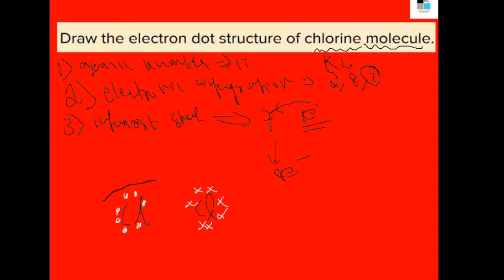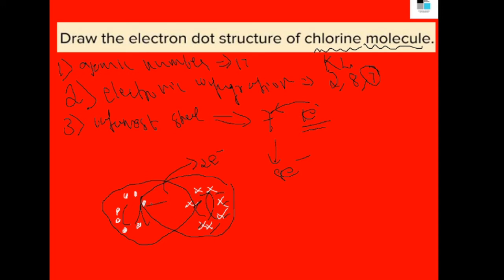Now, this chlorine would take 1 electron from the other chlorine, only 1 electron because it requires only 1 electron. Similarly, the other chlorine also would take 1 electron. So you can see that the first chlorine gets 1, 2, 3, 4, 5, 6, 7 along with this 8. Similarly, this one also would have 1, 2, 3, 4, 5, 6, 7, 8. So you can see that the total number of electrons being shared is just 2 electrons.